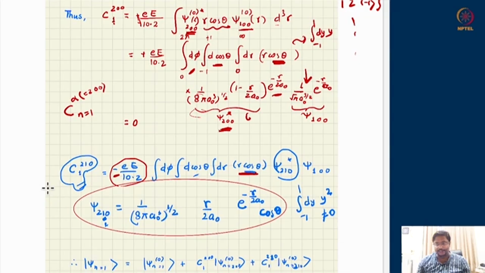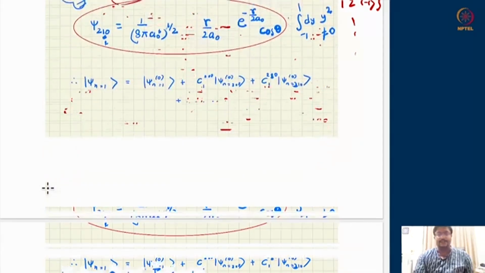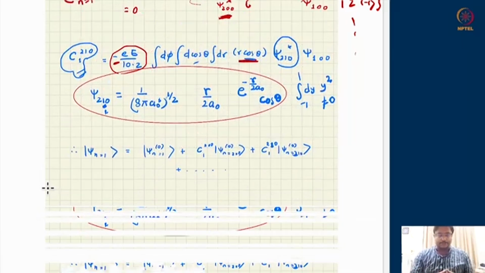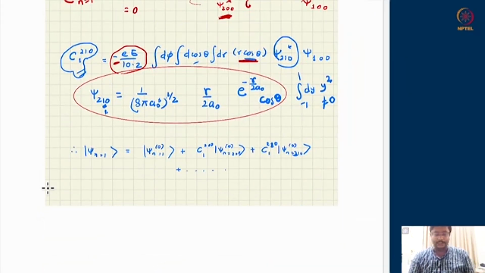Okay. So this is the input story which we need to be aware of, that due to perturbation, the energy eigenvalue and the energy eigenstate both may or may not change. For the energy eigenvalue, we have to compute one quantity, which is En1, and check whether it is 0 or not.